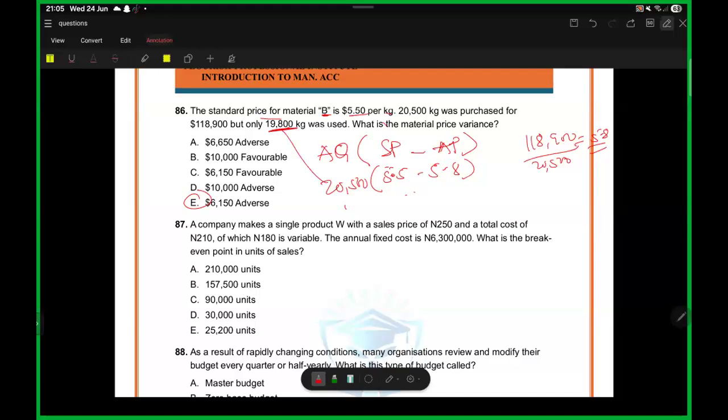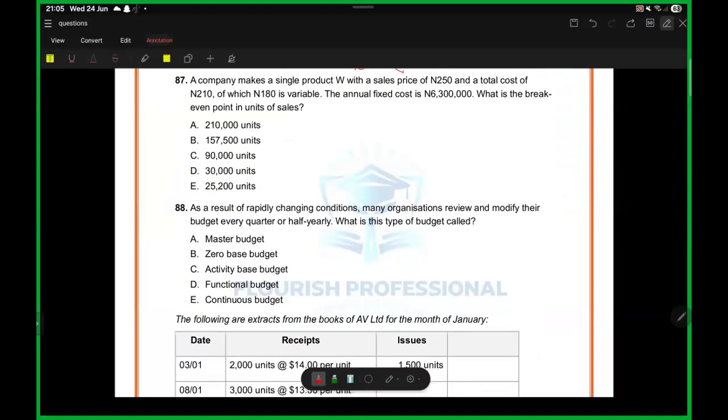But what is the actual quantity they bought? They didn't buy 19,800. They rather bought 2,500. That's why we are multiplying by 2,500. When you subtract 5.5 minus 5.8, you get negative 0.3. When you multiply, you get negative 6150. Because it's negative, you call it adverse. So the answer is D. Are we together?